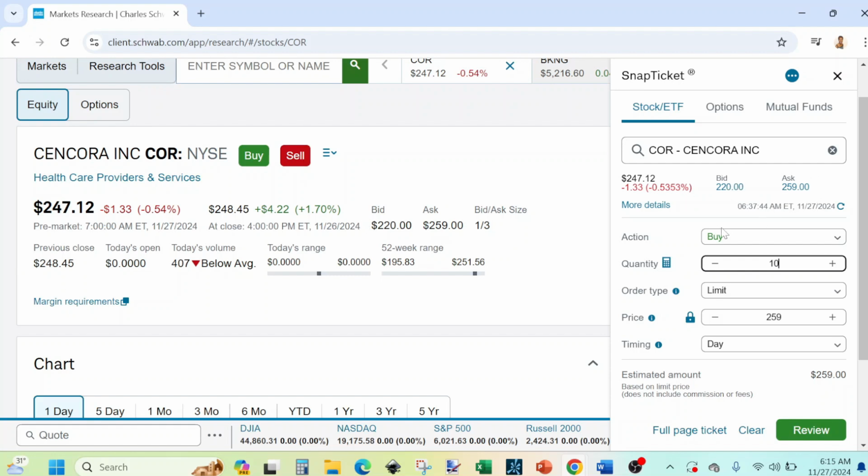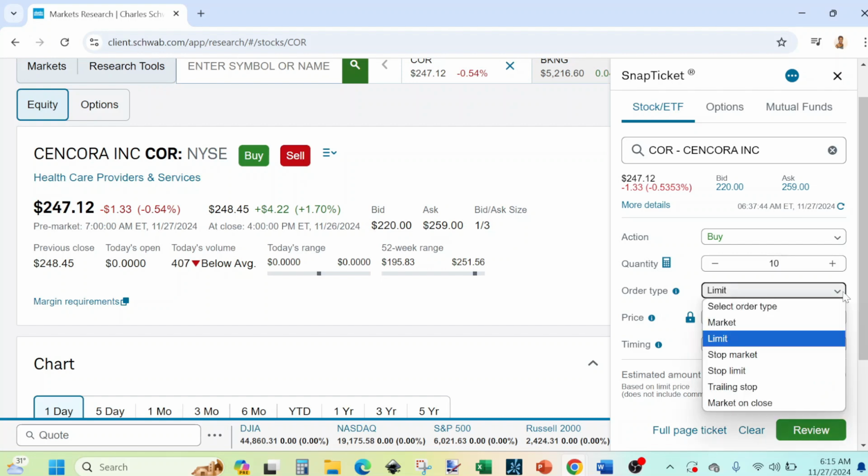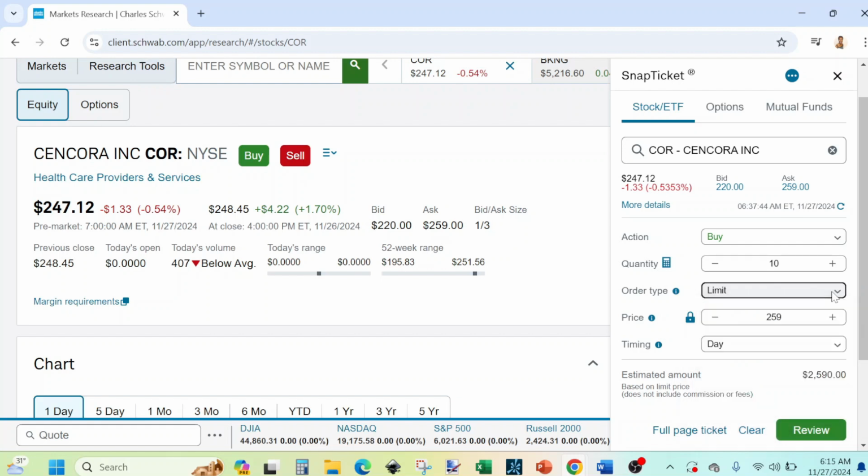We have the bid price of 220 a share, and we have the ask price of 259. In the past I have used the lesser of those three, between the bid, the ask, and the price the stock is selling at. I use the smaller of those three prices that you are seeing at the top where I'm trading to place the order to buy.